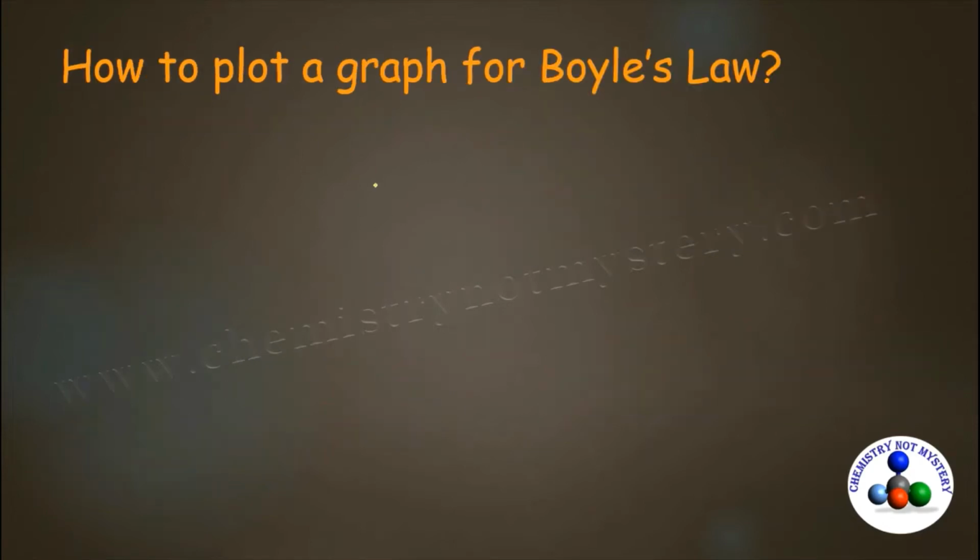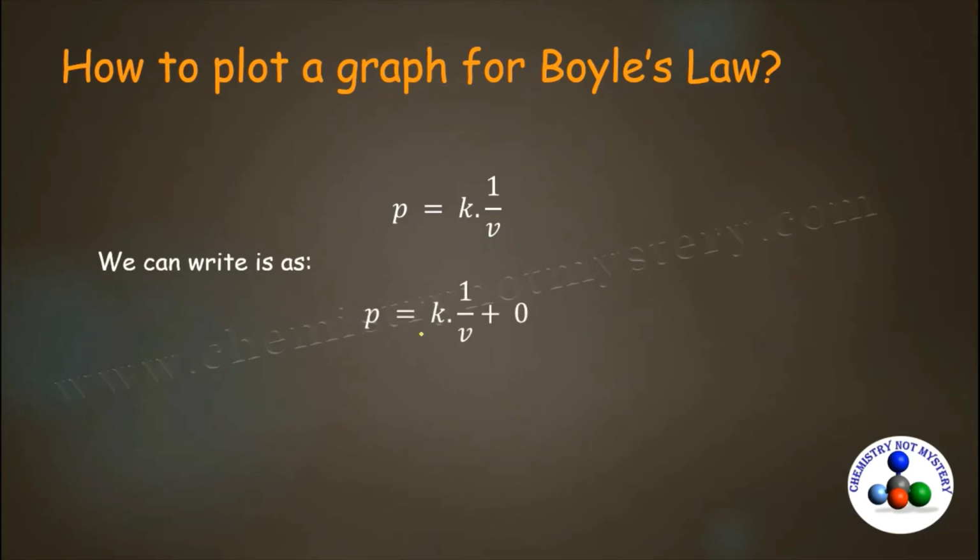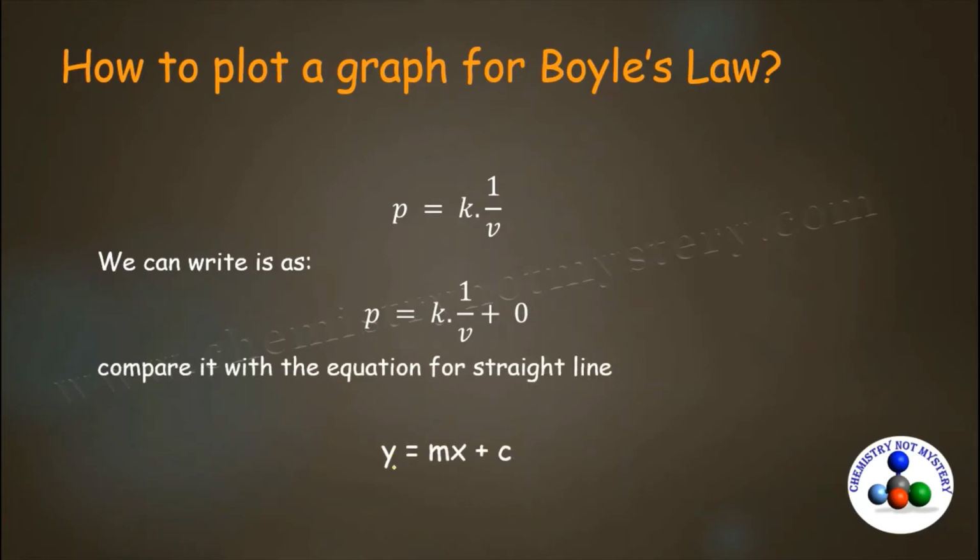Now let's see how we plot a graph for Boyle's law. We know pressure is equal to constant multiplied by 1 over volume. This formula we just derived. We can also write this formula as P is equal to constant multiplied by 1 over V plus 0. We have the straight line equation y is equal to mx plus c.